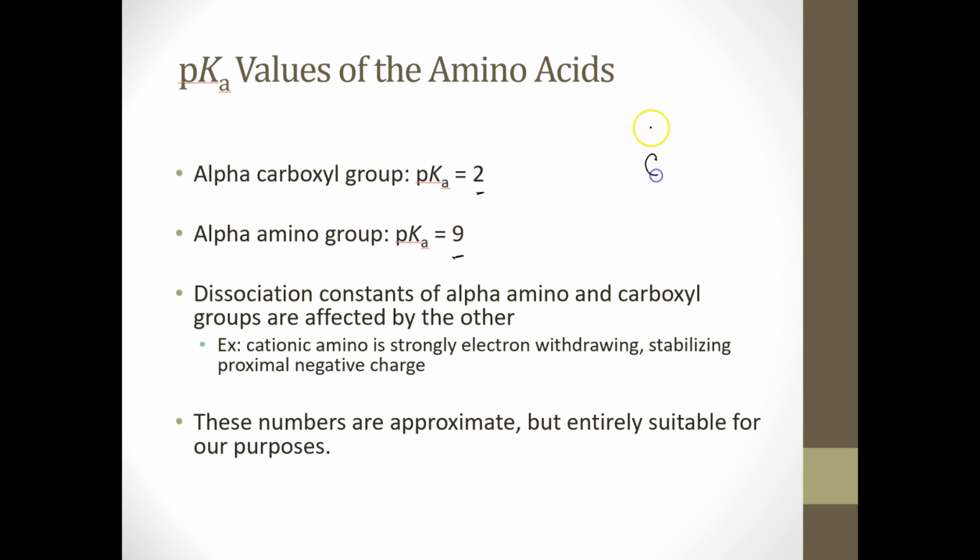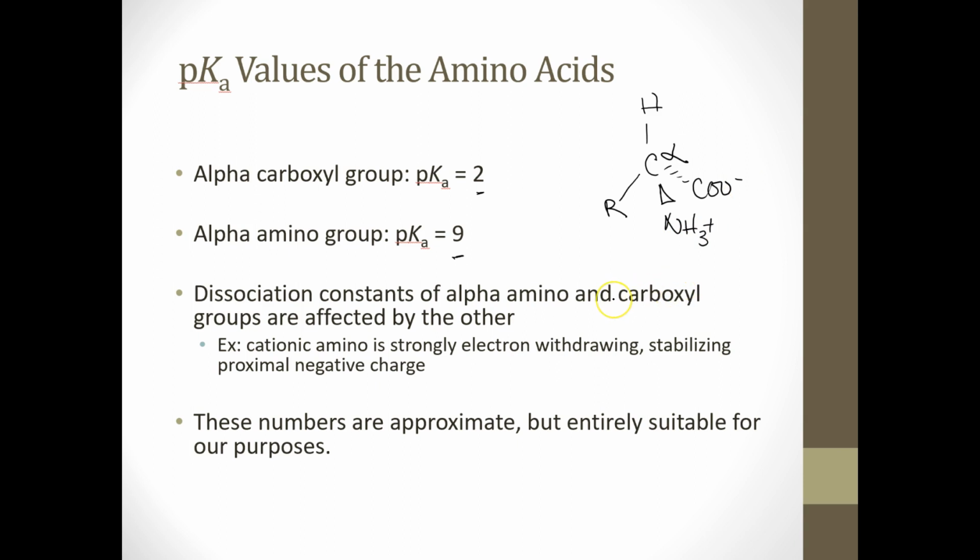Well, whenever you have your central carbon and you have your proton and you have your R group and you've got your carboxylate and you've got your amino group, this is your alpha carbon, and therefore the carboxylic acid which is attached to it is your alpha carboxyl group.